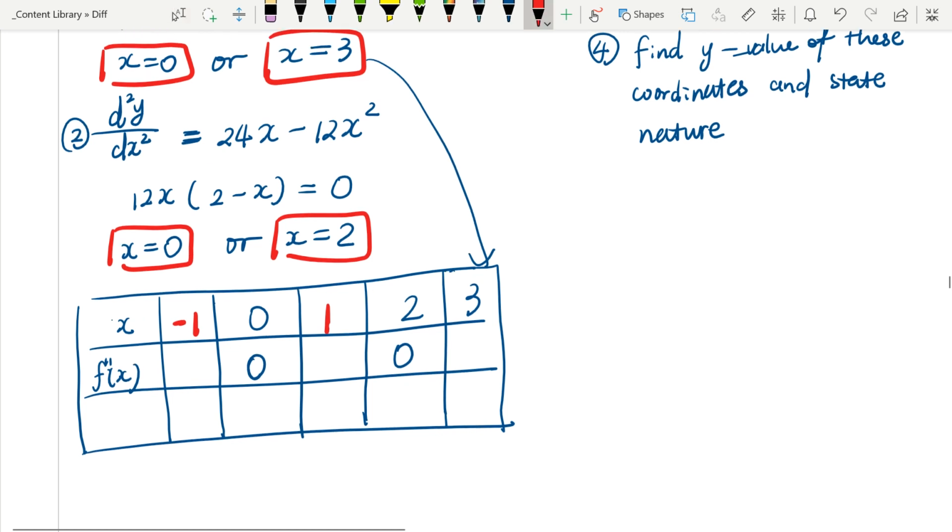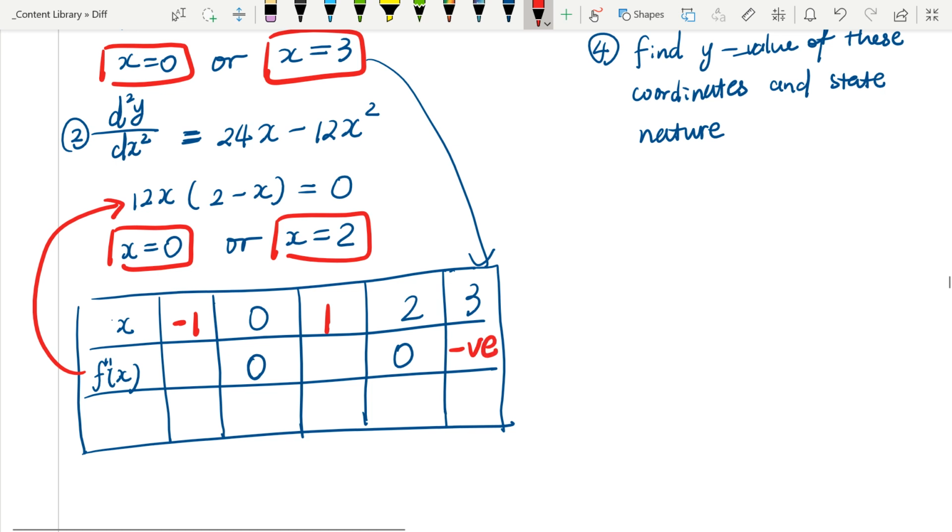Let's test the point 3 by putting 3 into the second derivative. Rather than use that one, I'll use this one in factorized form, which makes the substitution easy to see. 12 times 3 is positive, 2 minus 3 is negative, so this is a negative value.